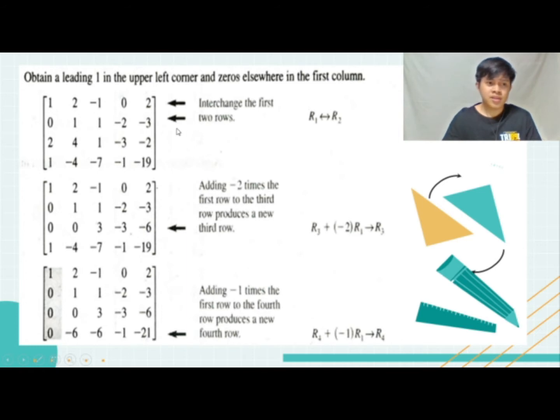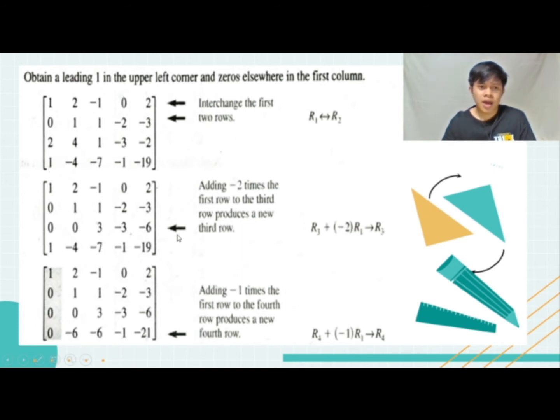So, in this second step, meron po din po siyang another step that we are going to follow. So, here in the second open and close bracket, adding negative 2 times the first row to the third row produce a new third row.